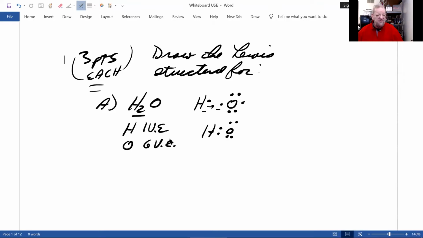But there are 2 hydrogens in water, H2O, and there's another hydrogen with 1 valence, and here's an unpaired on oxygen and 1 for hydrogen. This hydrogen says to the oxygen, let's share valence electrons, and they do. And this is the Lewis structure for water.